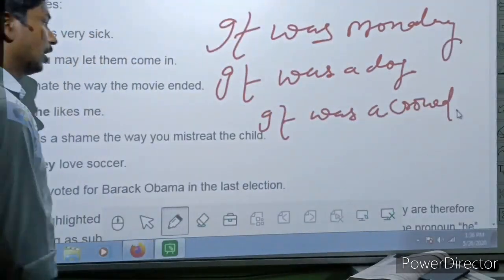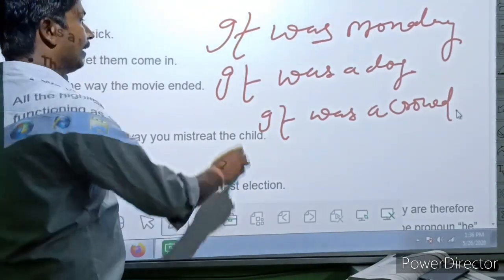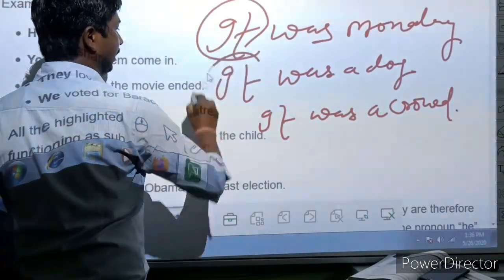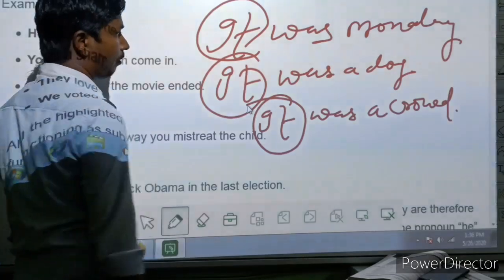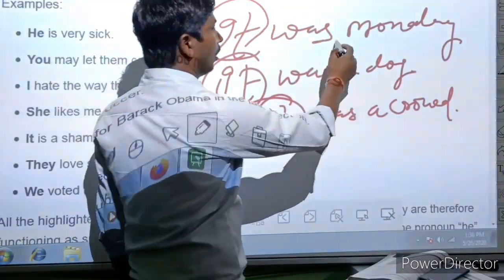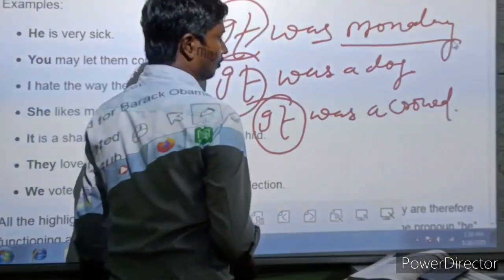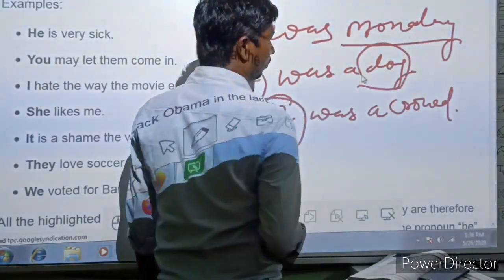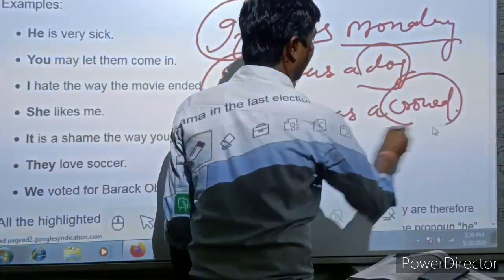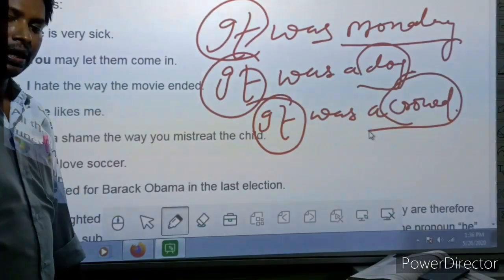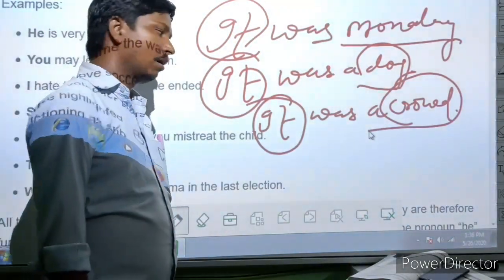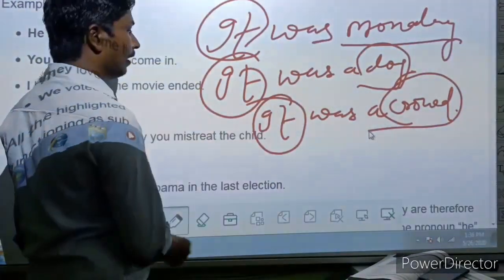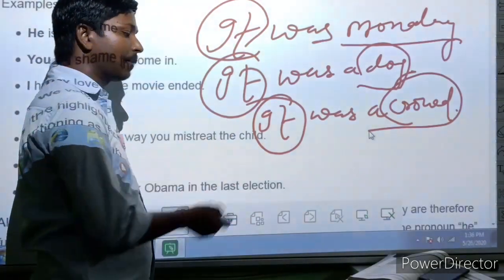Here you can see it is used as a subject when there is a non-living object or a very small animal or a crowd that cannot be classified as a personal pronoun. Then we can use it as a pronoun in this type of sentences.